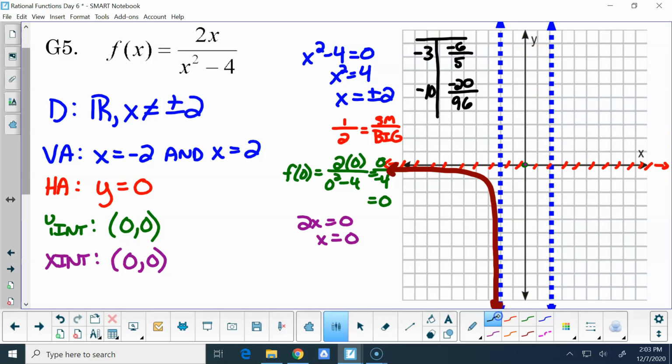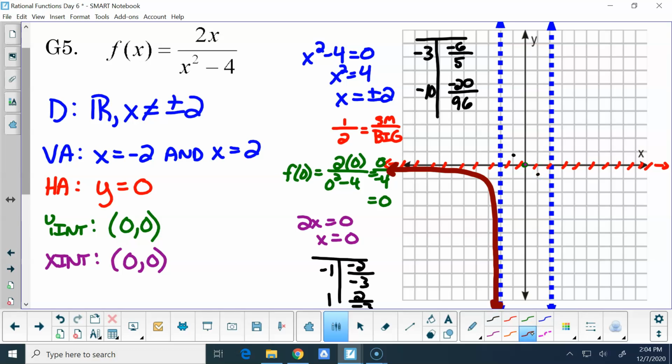Then we're going to try out that middle zone. I'm going to try out negative 1 and positive 1. Negative 1 is going to give me negative 2 over negative 3. That's going to be positive 2/3. Positive 1 is going to give me positive 2 over negative 3, which is going to be negative 2/3.